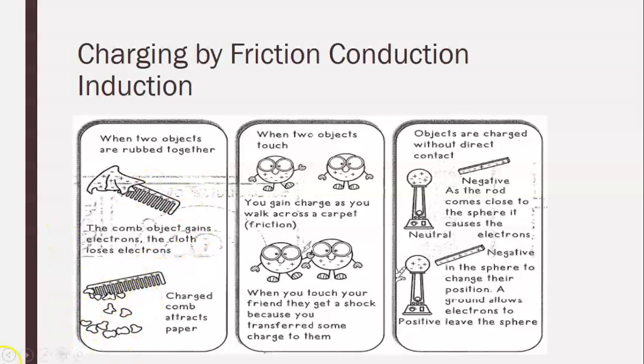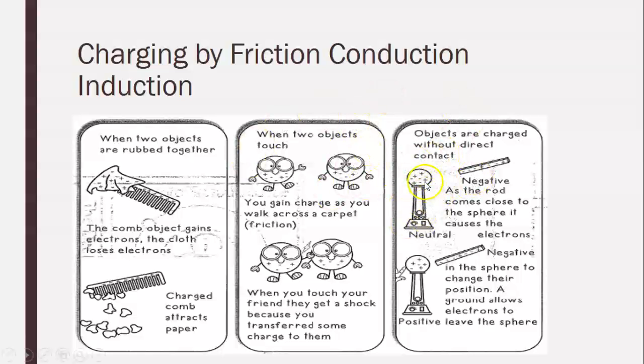This is an example of probably paper or maybe some styrofoam in which it's been charged. You can do this too. If you think about walking across carpet with some socks on, rubbing your feet on the carpet as you walk, you are going to gain physical frictional charges. And then if you go touch someone, normally you can get a little bit of a shock, or a little bit of a charge that goes through the system.